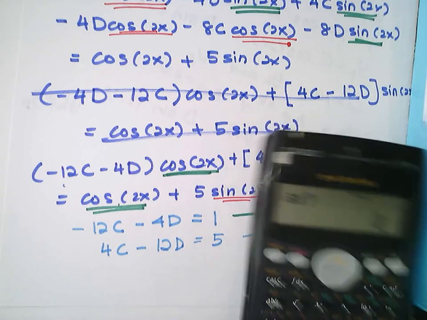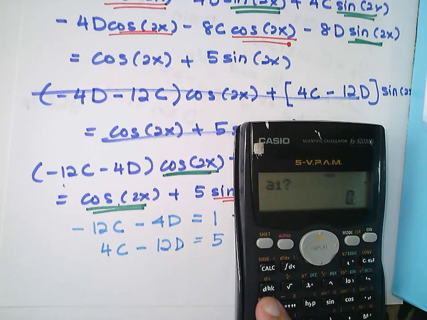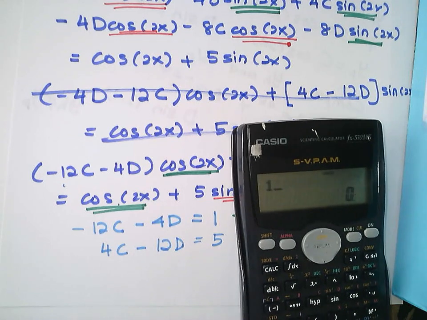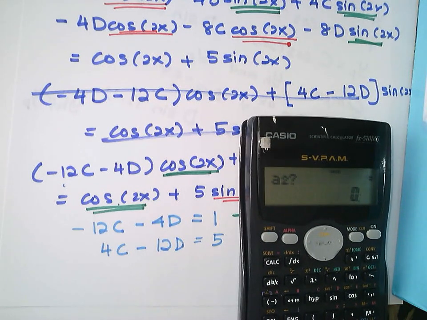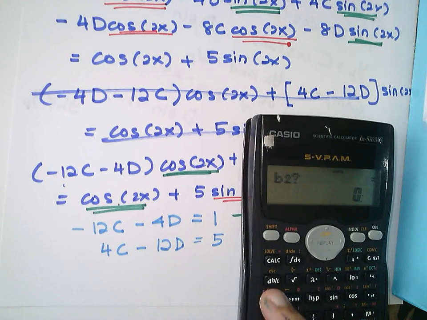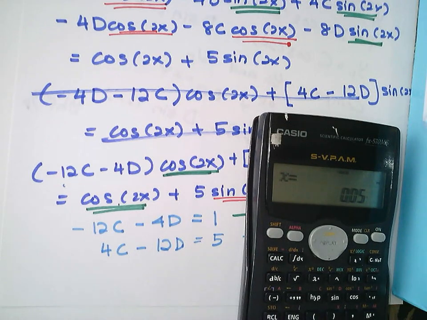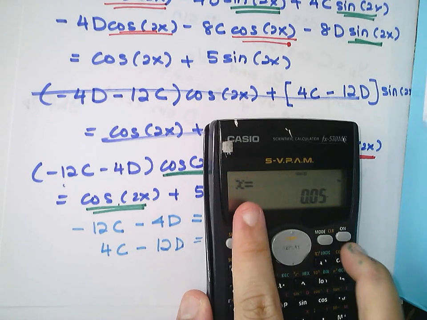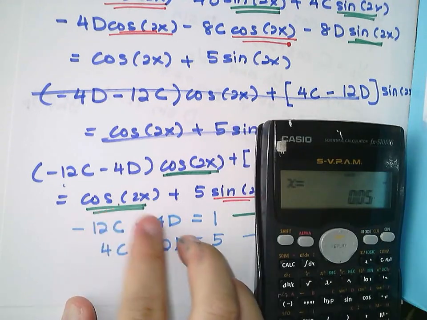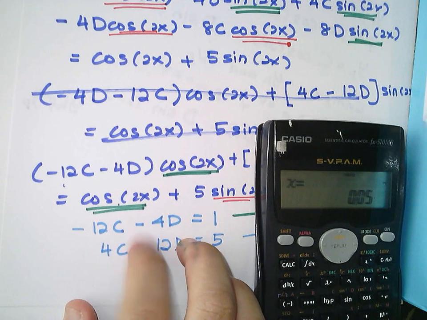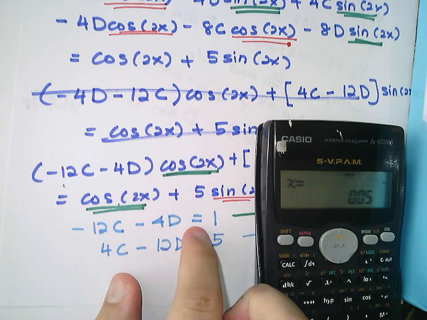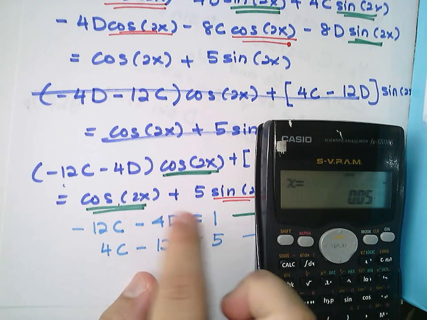So substituting these values, negative 12, negative 4 and 1, and another one is 4, negative 12 and 5. So therefore the calculator will give you x and y. So x will refer to the first constant, which is c, and y refers to the second constant, which is d.